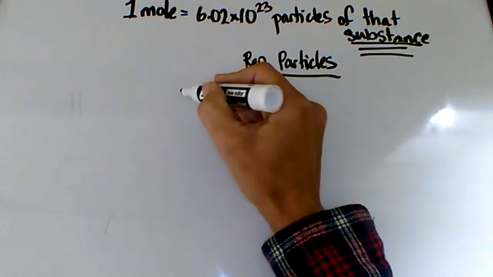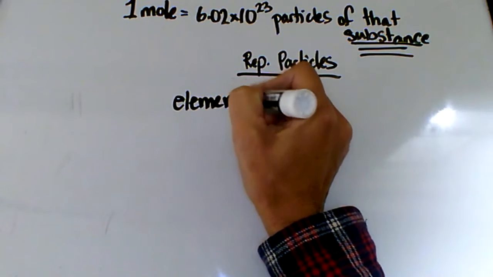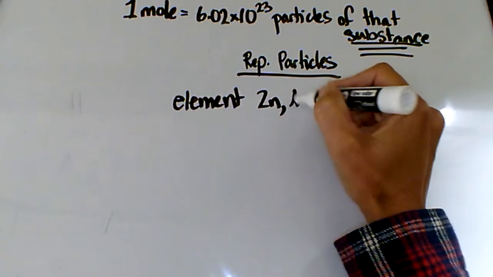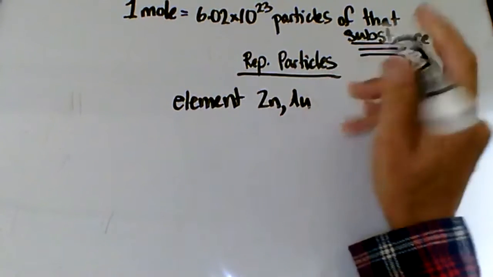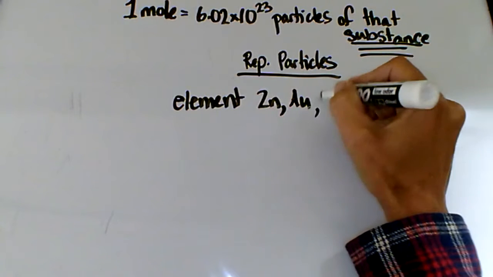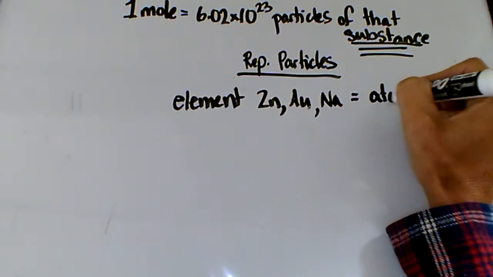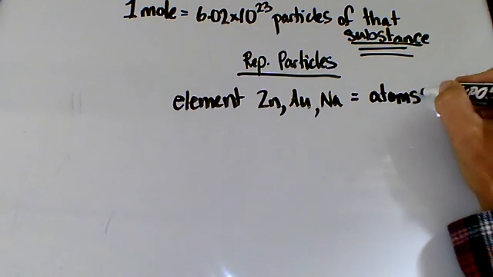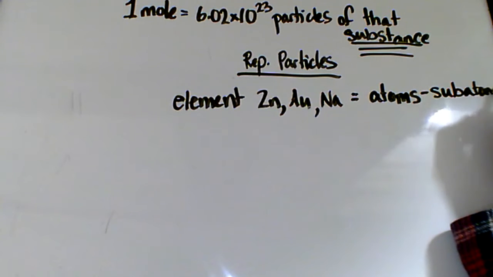All right, well, if we are talking about an element, right, such as zinc or gold or sodium, any of them, well, those are made up of atoms, right? The atoms themselves are made up of subatomic particles, okay?